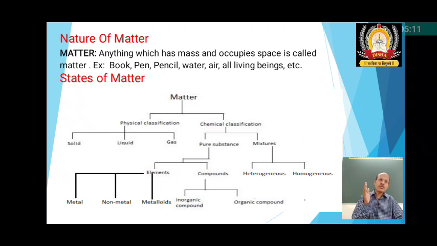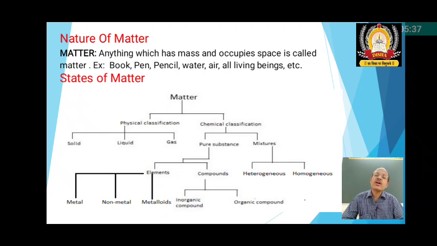Here, pure substances are further classified into two types again: one is element and another is compounds. And these elements are further classified into metals, non-metals and metalloids, whereas the compounds are classified into two types: inorganic compounds and organic compounds.